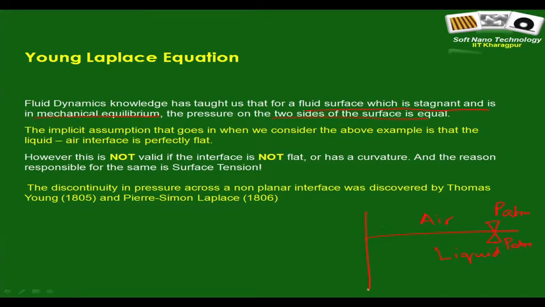So, if one is looking at an open tank, for example, the pressure at any depth h is P atmosphere plus rho g h. So, one says that within the tank the pressure distribution is hydrostatic, purely hydrostatic.